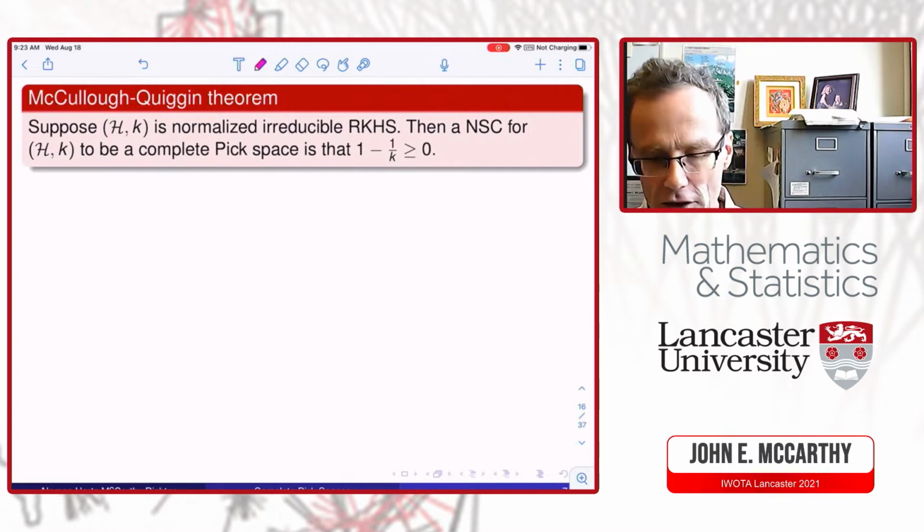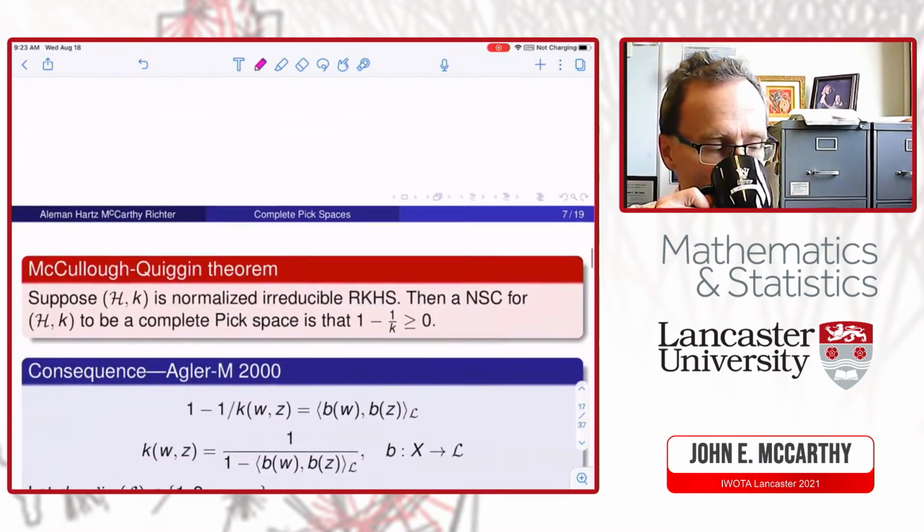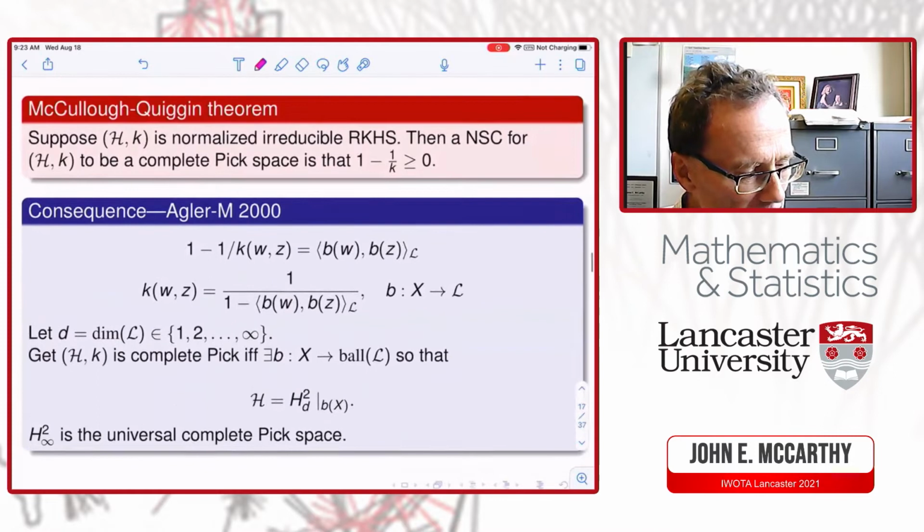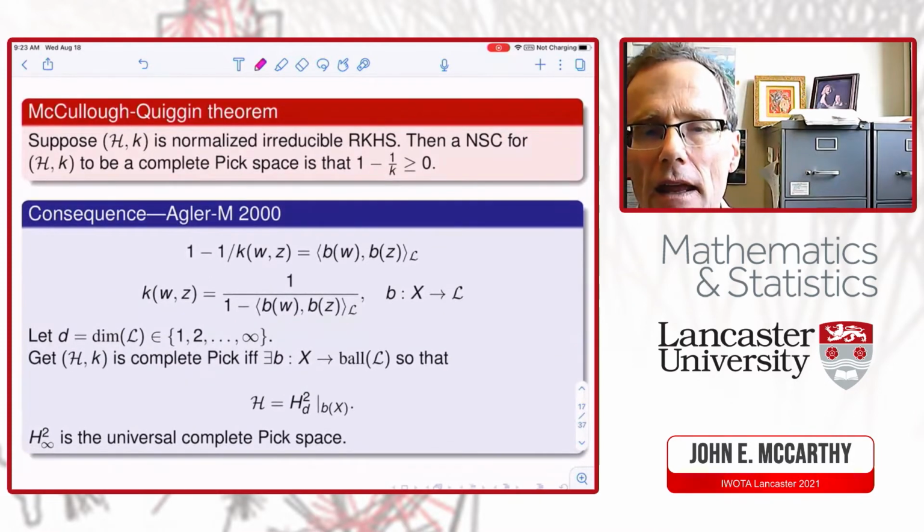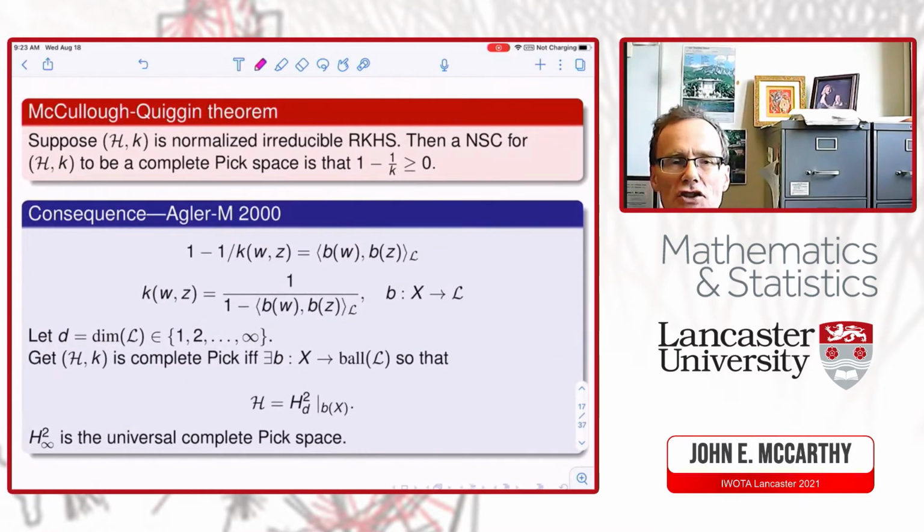And you can go a little further with this observation. Since it's positive semi-definite, you can use the Kolmogorov factorization to realize it as the inner product in some Hilbert space L of some L-valued function with itself.